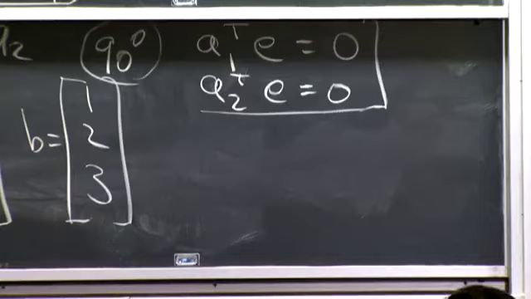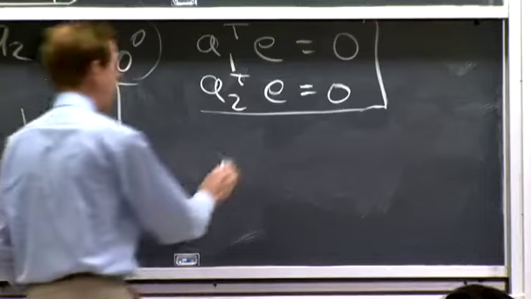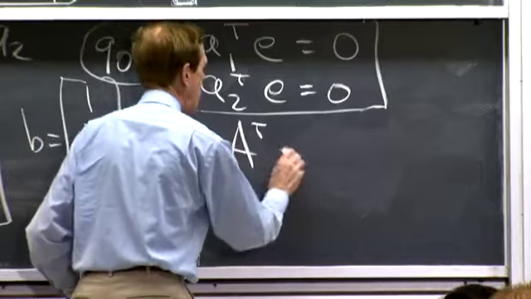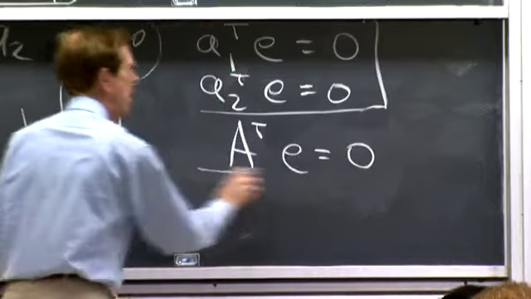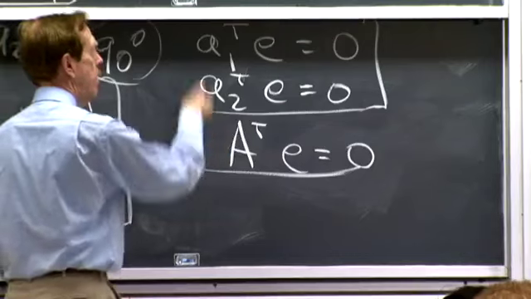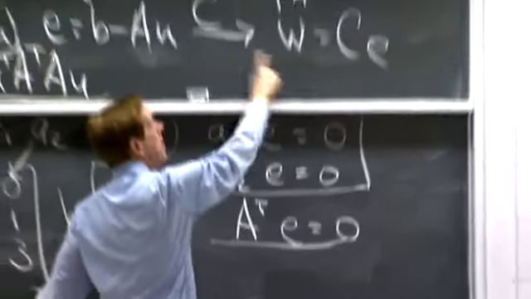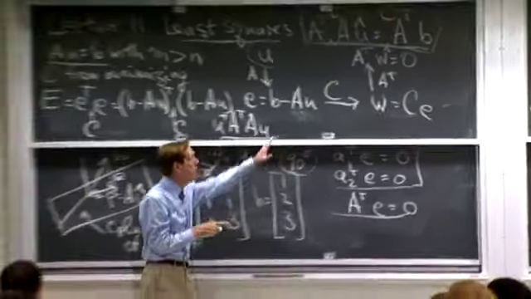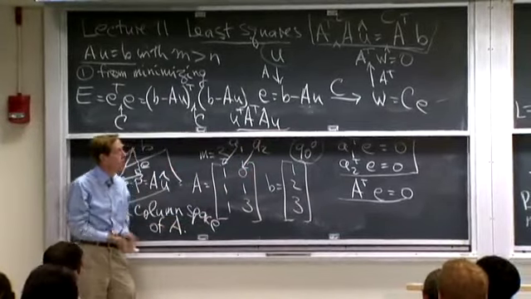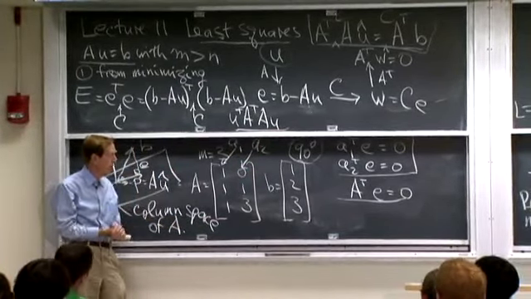They're the rows of A transpose. So the matrix way to say that is A transpose E equals 0. In other words, this is saying both at once, right? The first row of A transpose times E gives 0. The second row of A transpose times E is 0. So it's A transpose E equals 0, which is what we wanted in this case where W and E are the same, because C is the identity.